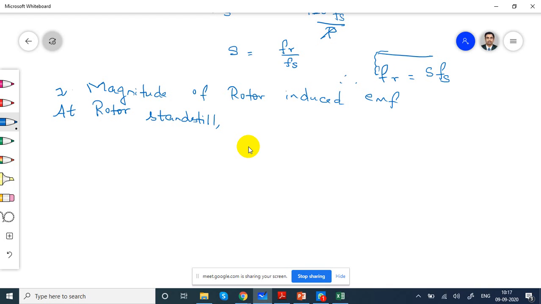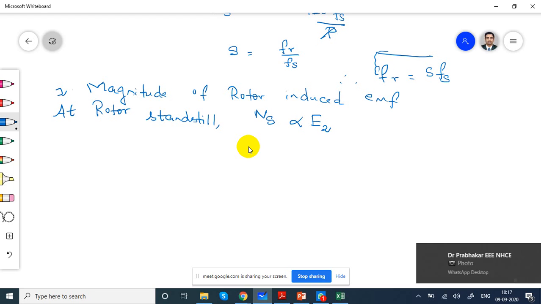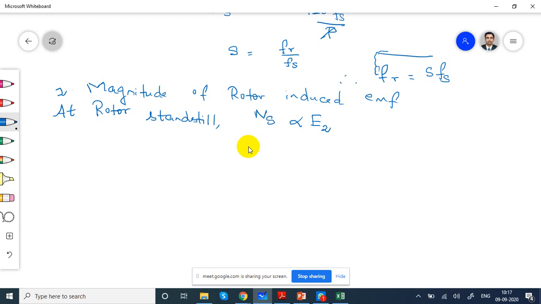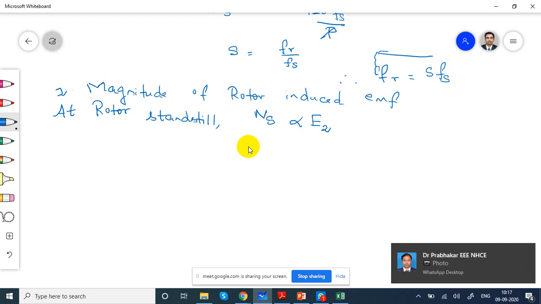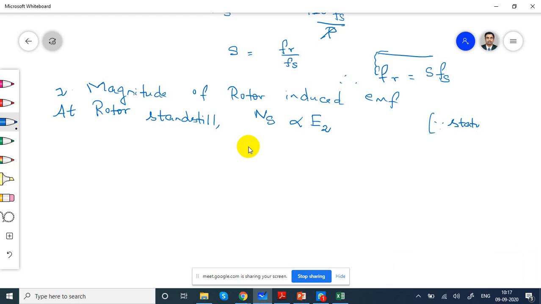The EMF notation is E and 2 stands for rotor. For stator, we express EMF E1, resistance R1, reactance X1.